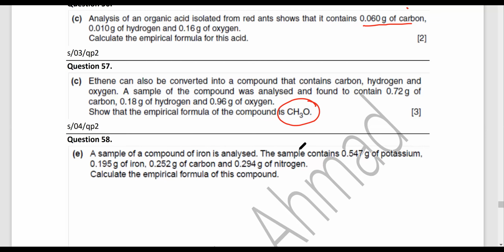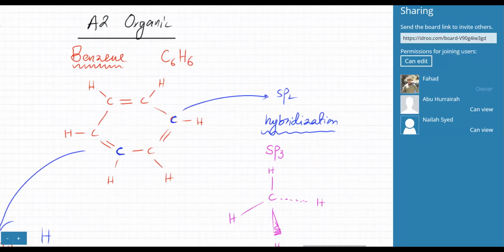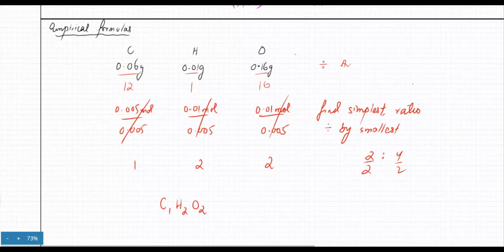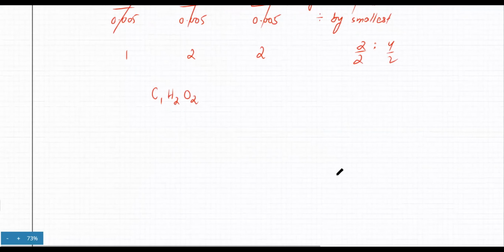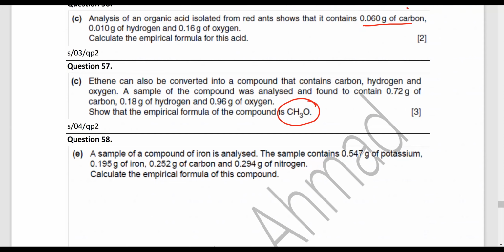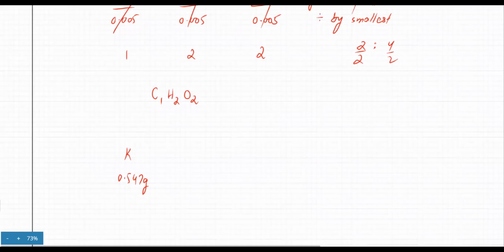Sample of iron is catalyzed. ठीक है, तो sample contains potassium 0.547 grams. What does it contain? It contains 0.547 grams of potassium. What else? It contained iron, which was 0.195 grams.